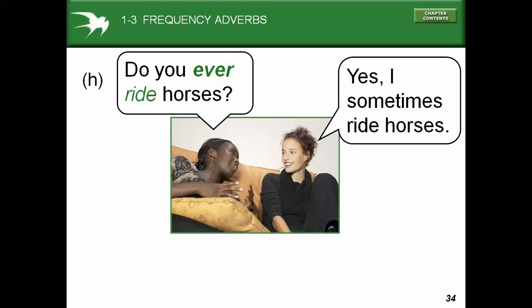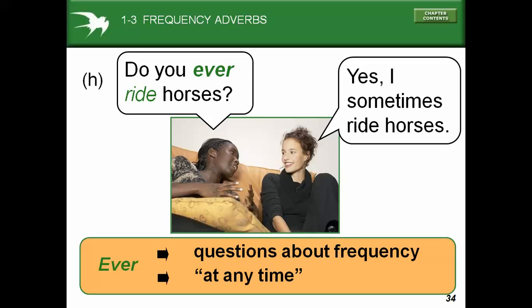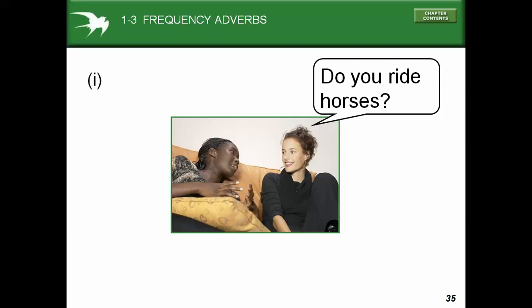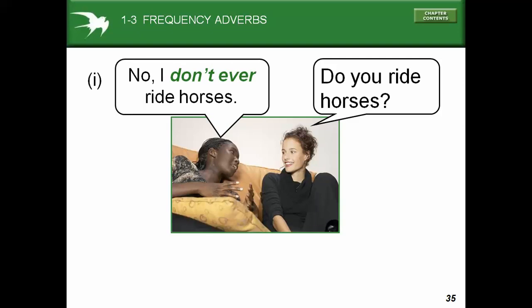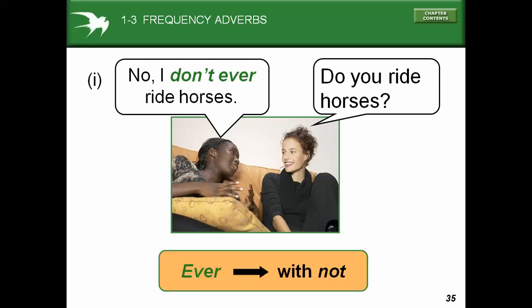Do you ever ride horses? Yes, I sometimes ride horses. Ever is used with questions about frequency, at any time. Do you ride horses? No, I don't ever ride horses.